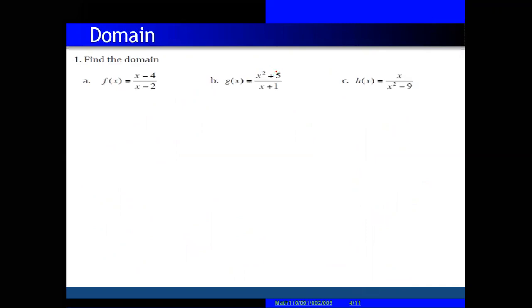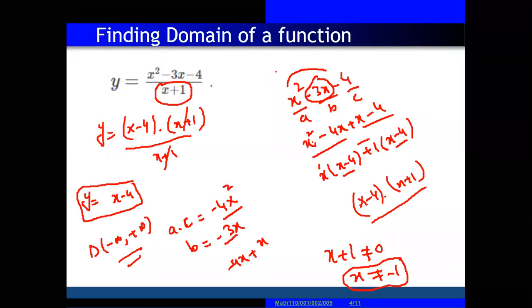Sir, can we solve that question without factorizing the numerator? You are talking about numerator? No. Actually, this is the rule that first you need to write in simple form. When you write in simple form, if factorization is possible, then this is the simple form. If factorization is not possible, then the rule is just put denominator not equal to 0, because for numerator x square minus 3x minus 4, you can give any value.